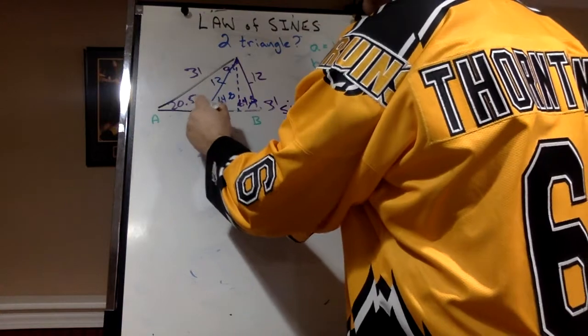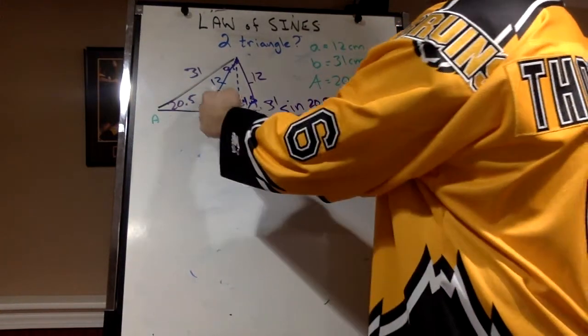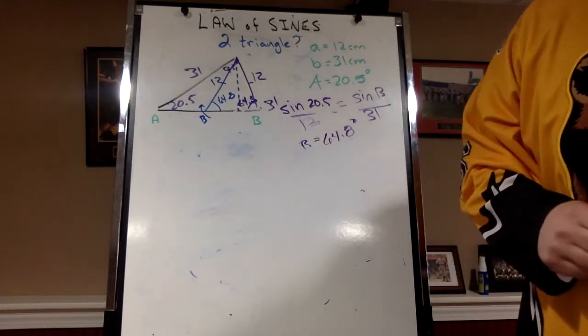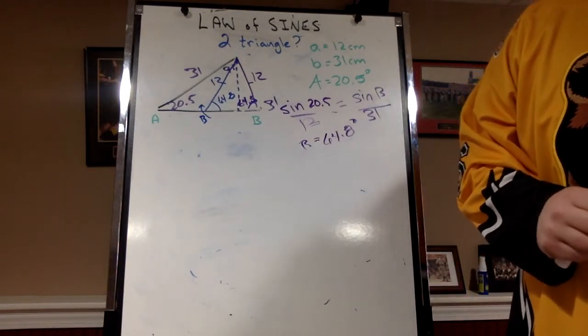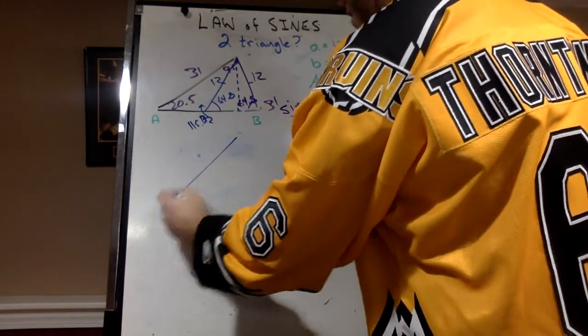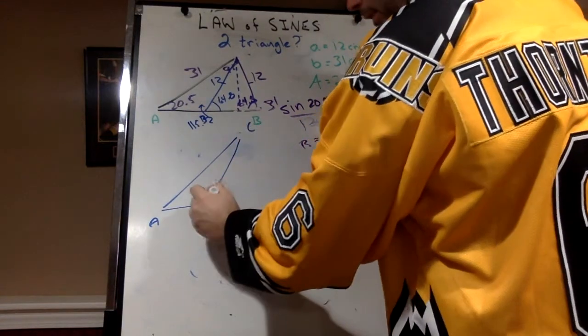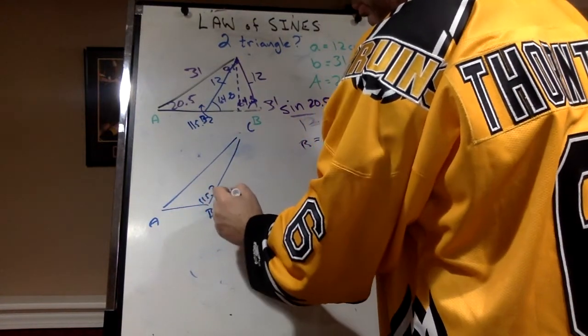Well, how do I find this new angle B? Well, 180 minus 64.8 gives you 115.2.